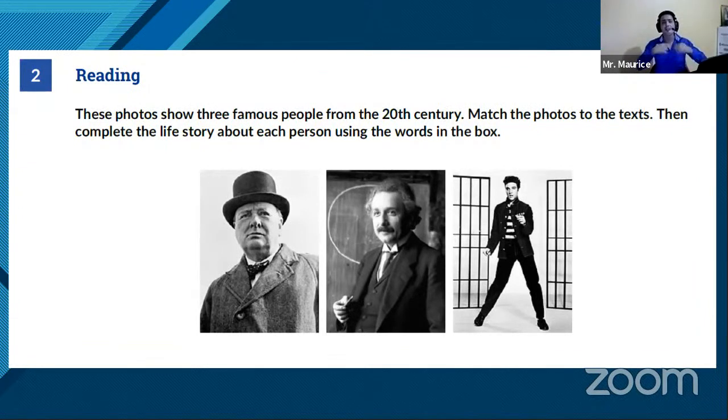Give me information with the verb to be in past only. Okay, do you understand? I want you to give me information using the verb to be in past only. For example, if you know the name, you can say Elvis Presley was born in the United States.